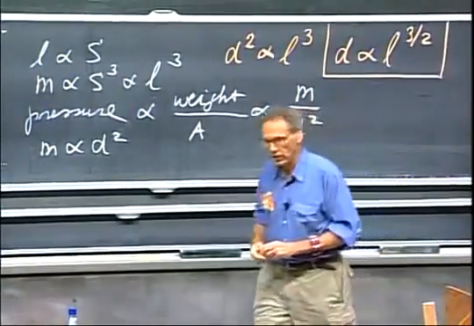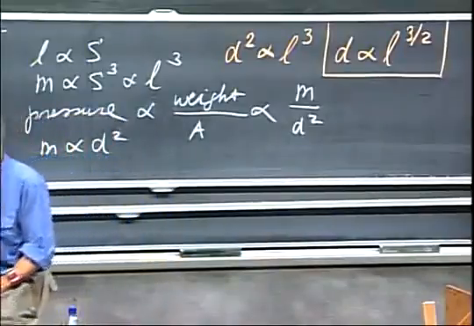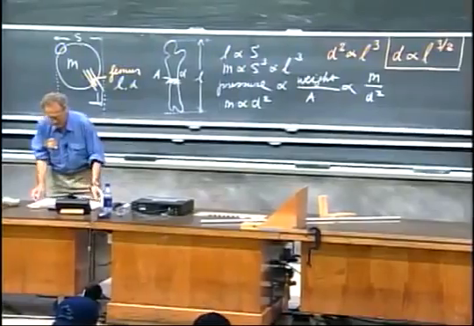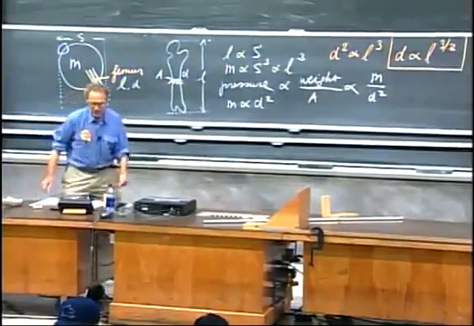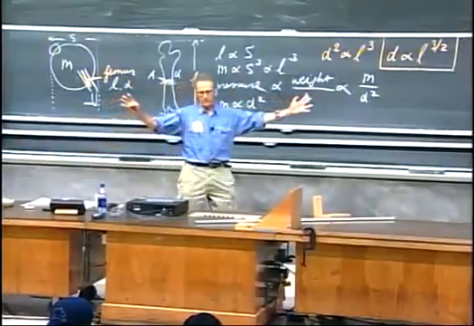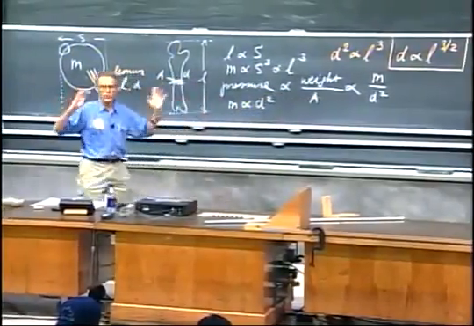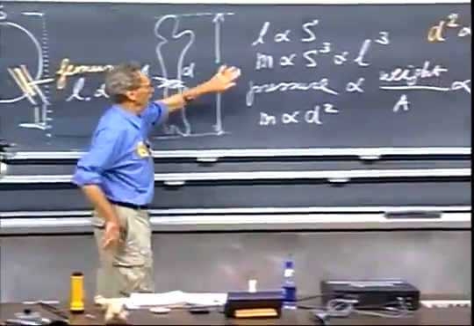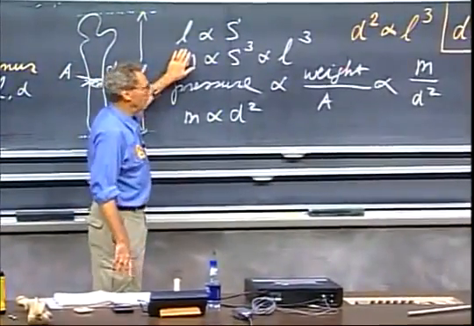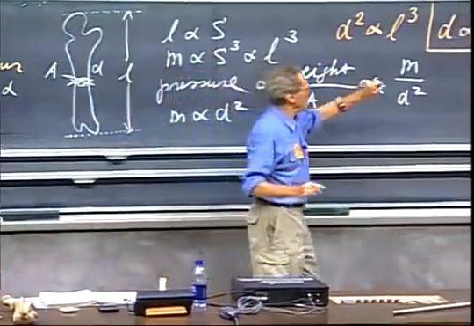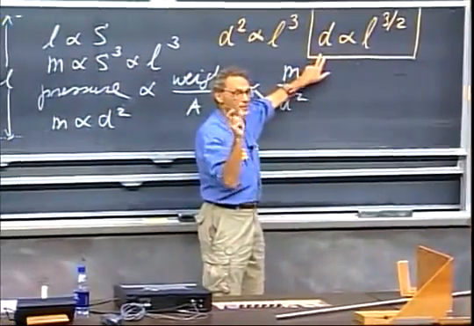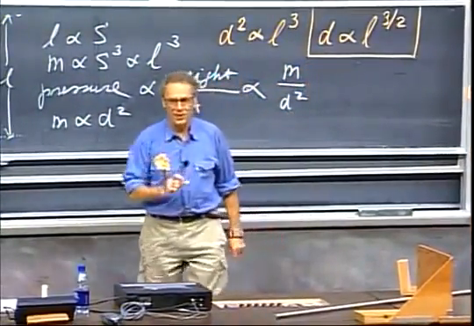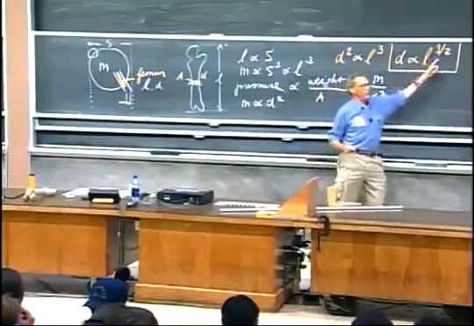A very interesting result. What is this result telling you? It tells you that if I have two animals, and one is 10 times larger than the other, that the lengths of the legs are 10 times larger, but that the thickness of the femur is 30 times larger, because it is L to the power 3/2.